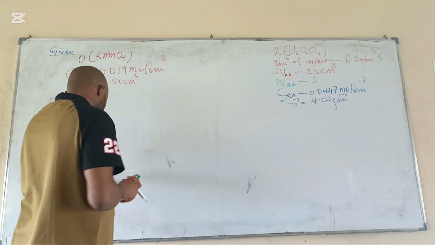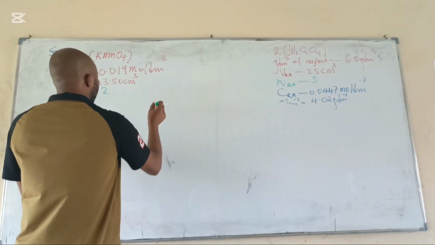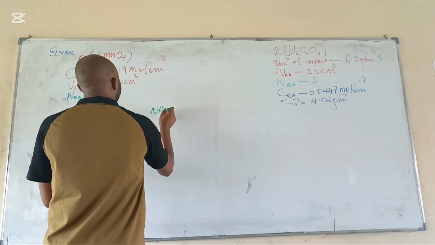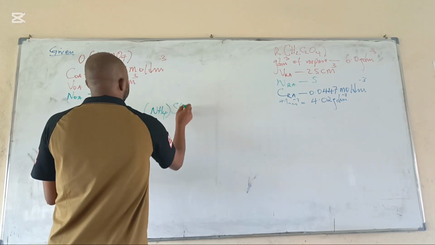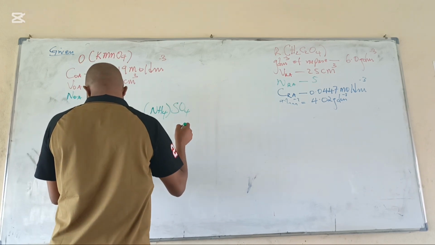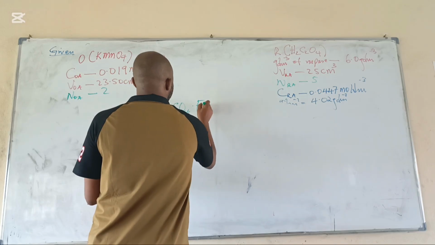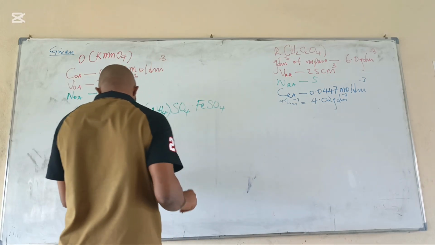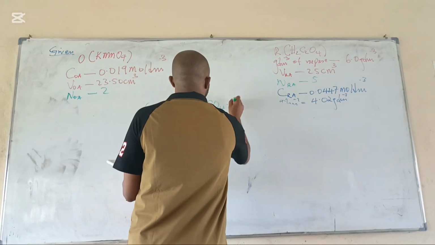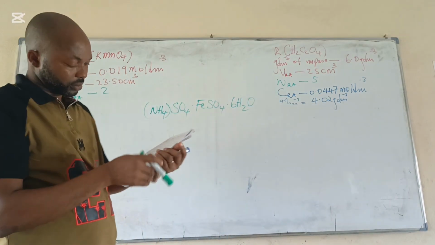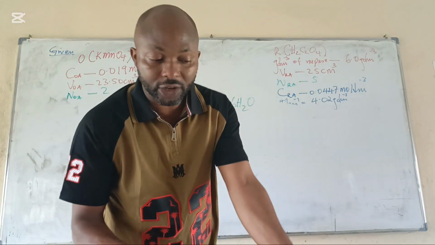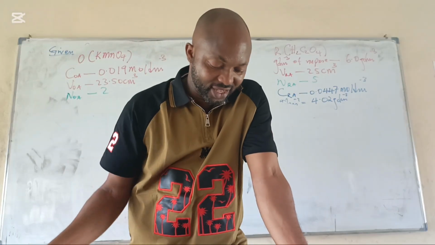You react with NH4 SO4 dot iron SO4 dot 6H2O. This is one compound. And that's the only question left in the book, so you're going to solve that.